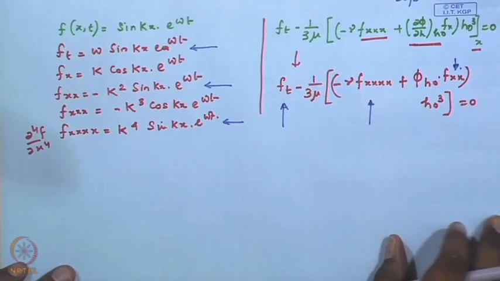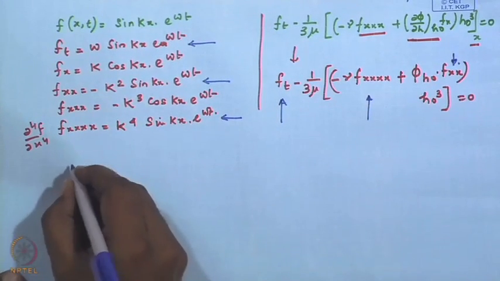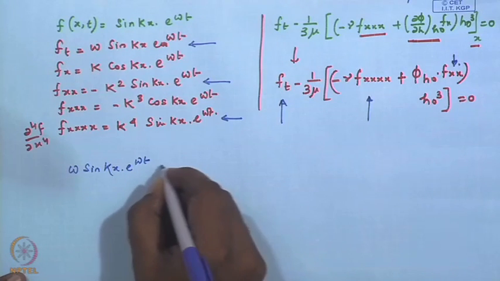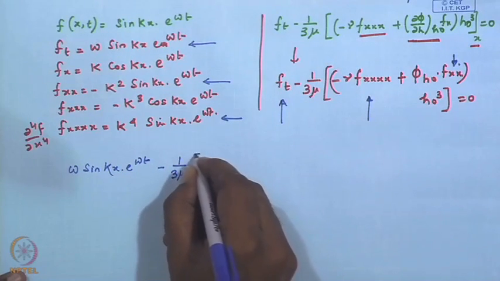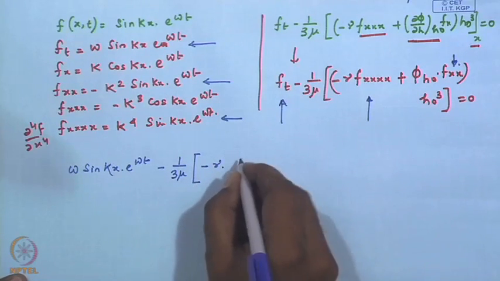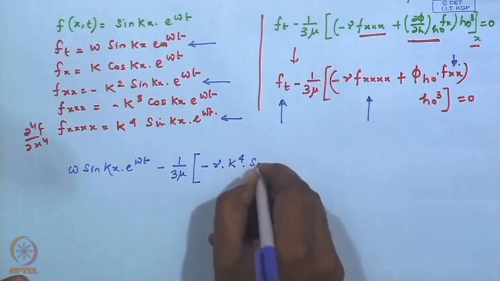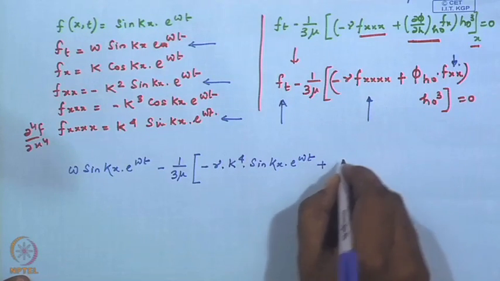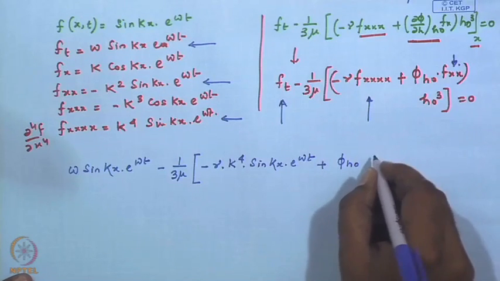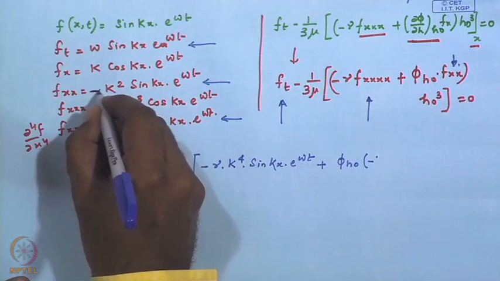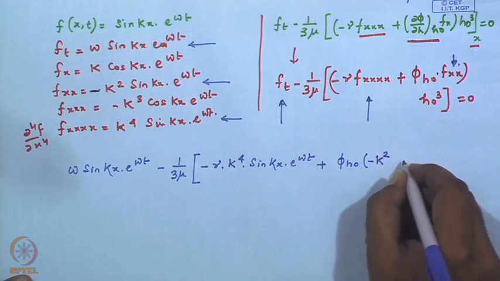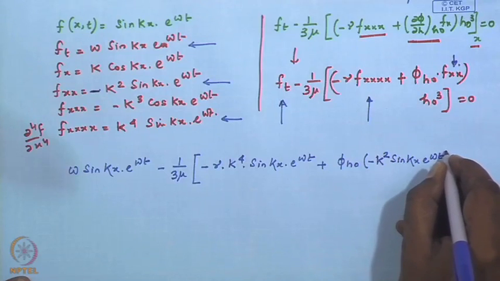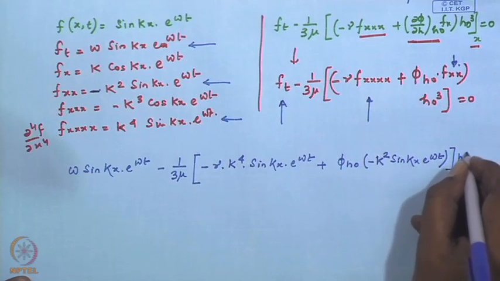So, once you do that, what you get is ω sin kx e^(ωt) minus h 0 cube by 3 μ times minus γ k⁴ sin kx e^(ωt) plus φ h 0 times minus k² sin kx e^(ωt) h 0 cube is equal to 0.